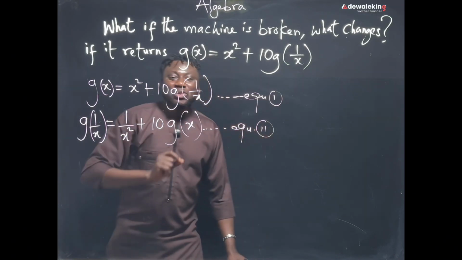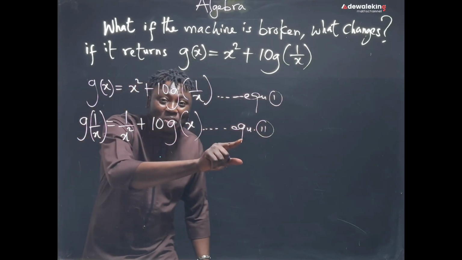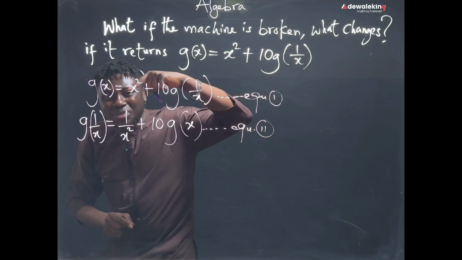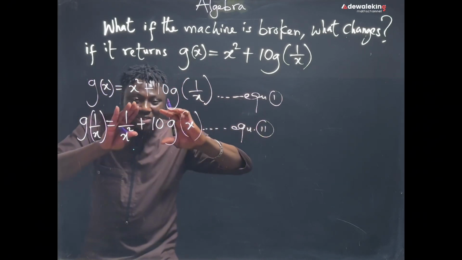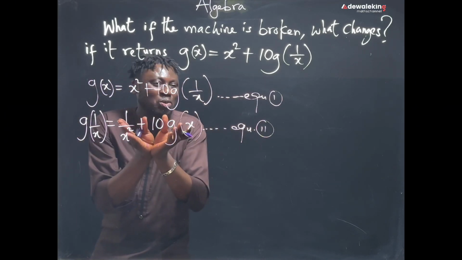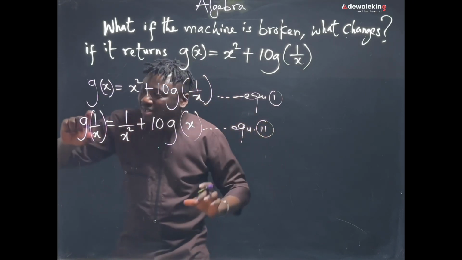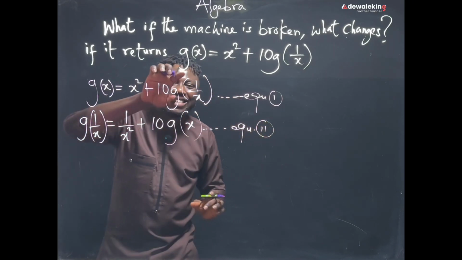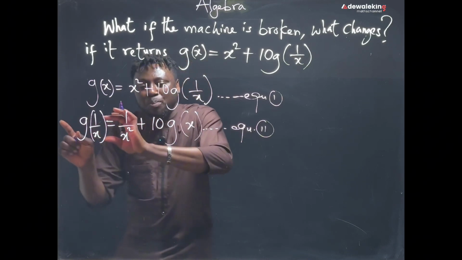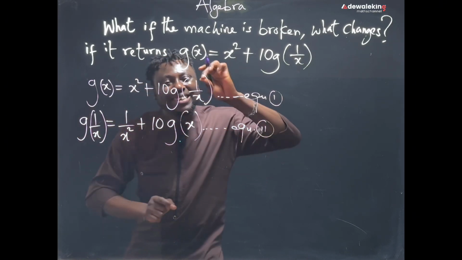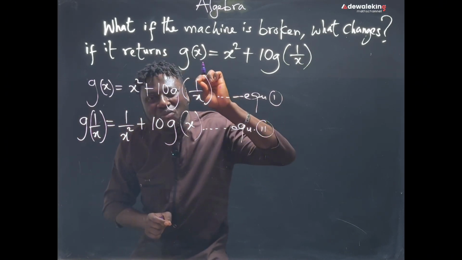From this equation 2, we take the whole of it and put it in equation 1, because this is g of 1 all over x. So we have to put everything here into this function.